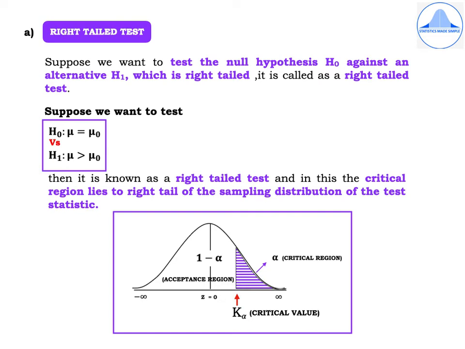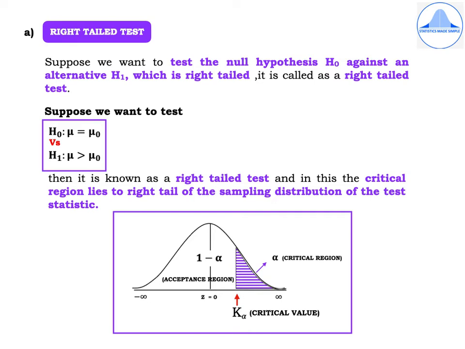On the right tail of the curve, I have shaded in purple color. The red arrow denotes K alpha, which is nothing but the critical value. The purple shaded area is alpha, which is the critical region.